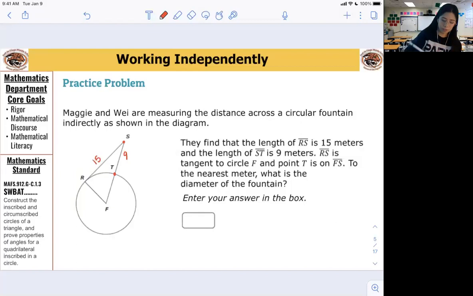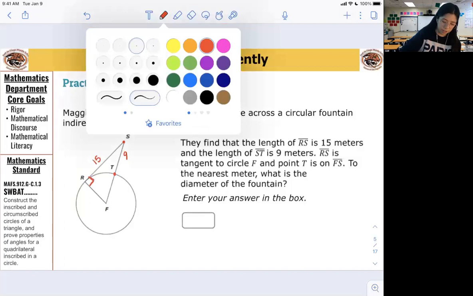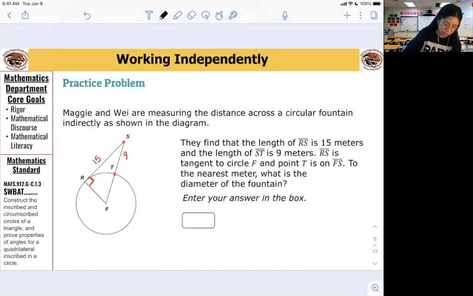We have a right triangle, right? Then let's see what else do I know about this? I know that this is a right triangle because SR is tangent. If I extend this line, you can see that it is a tangent line.